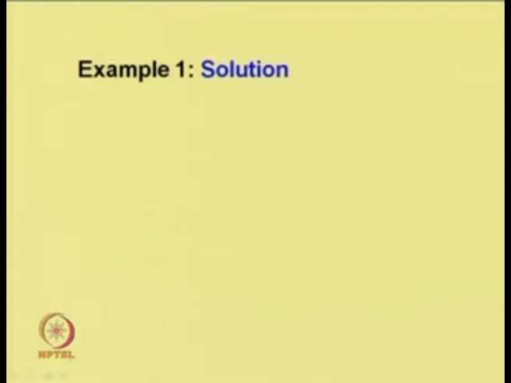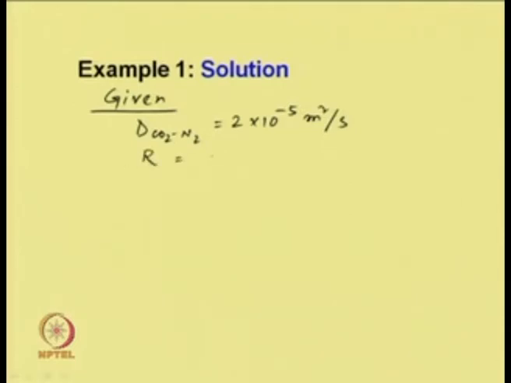So, now let us consider the values which are given. The diffusion coefficient of CO2 into nitrogen is given as 2 into 10 to the power minus 5 meter square per second. R is known to us, 8314 meter cube Pascal per K mole Kelvin.